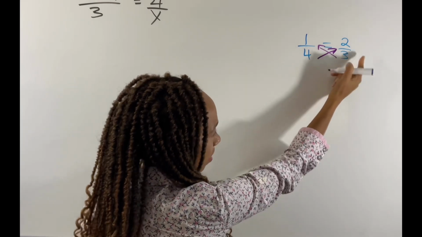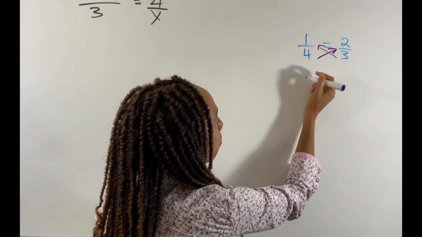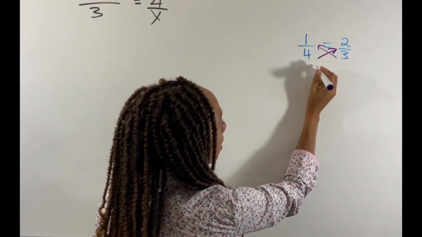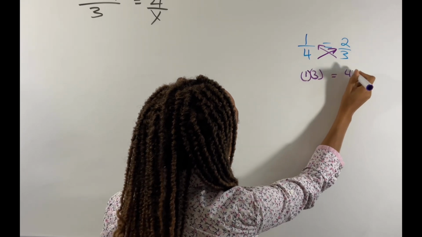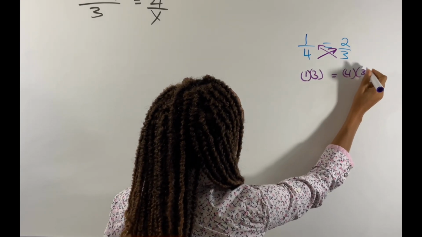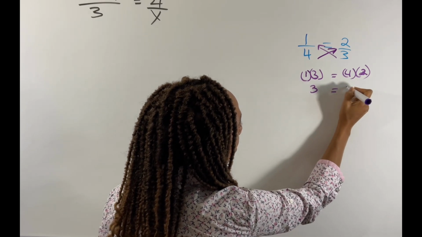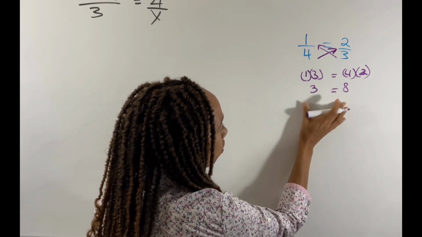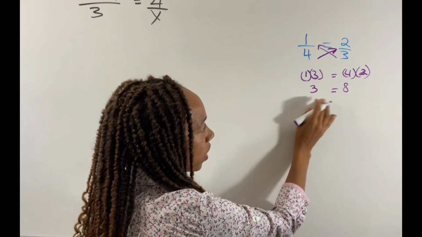So let's get into this example first, dealing with numbers. So we will have 1 times 3, which is going to be 3. You can simply write it like this, and this is for the students that are not versed in math. And so you have 3 equal 8, and so this is what your proportion would end up looking like.